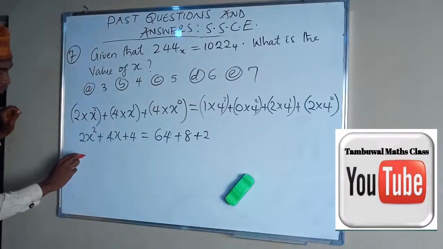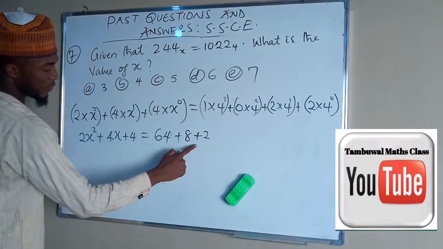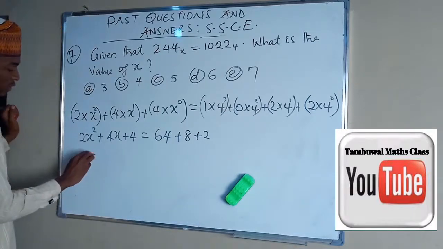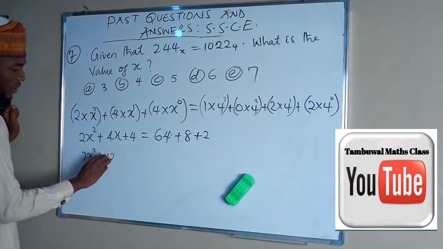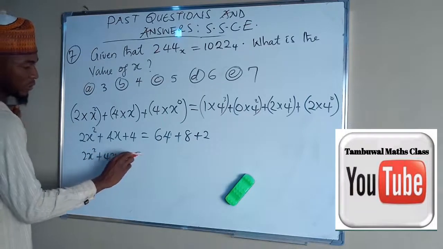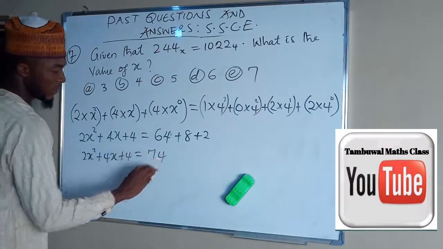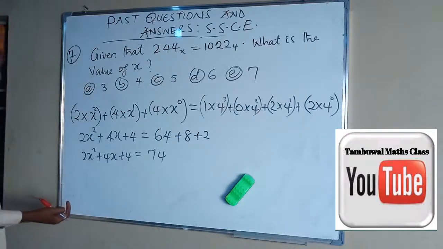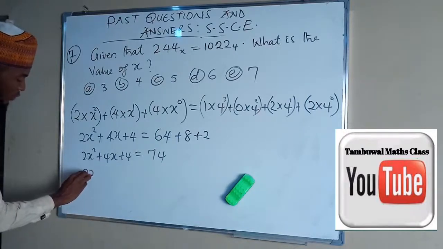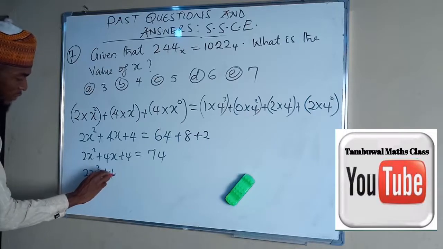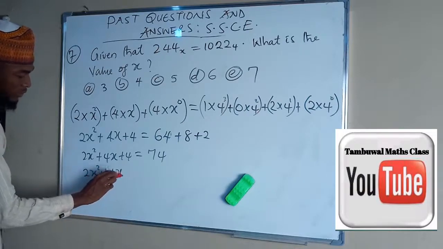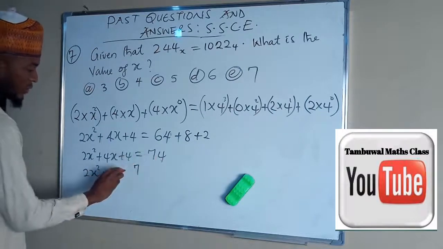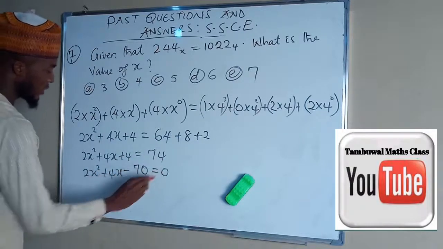So here, to the right hand side, we have 74. 2x squared plus 4x plus 4 equals 74. We need to bring 74 in. So we have 2x squared plus 4x plus 4 minus 74, so 4 minus 74 is minus 70, equals 0.